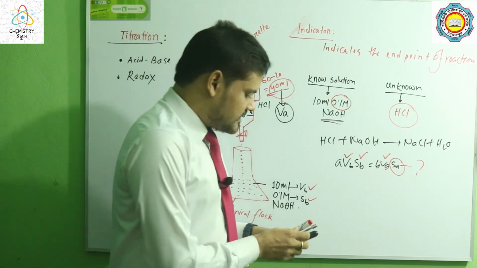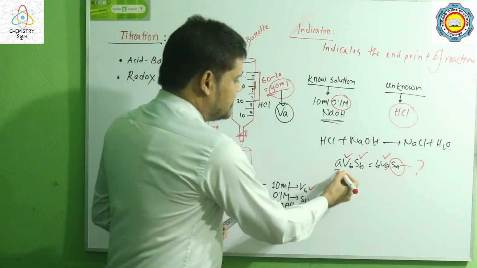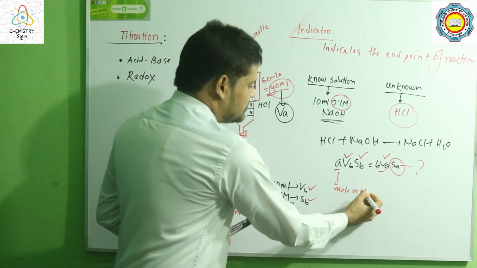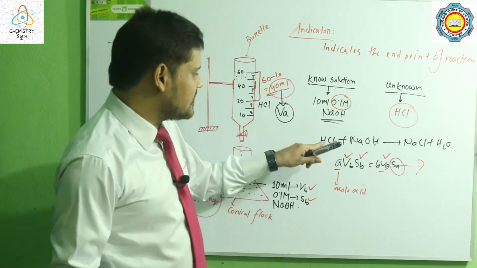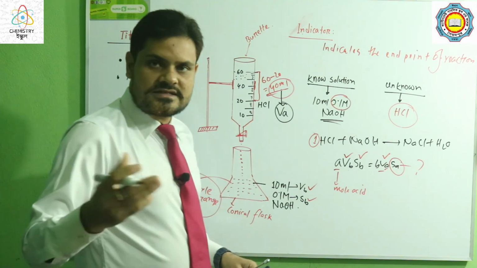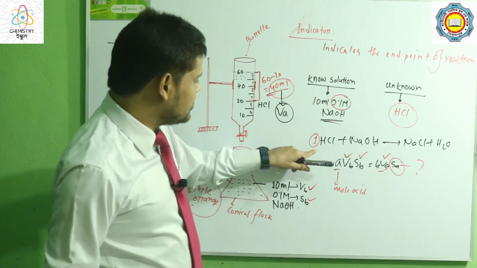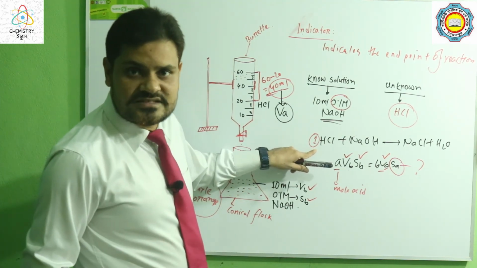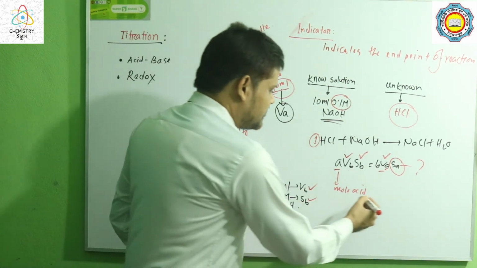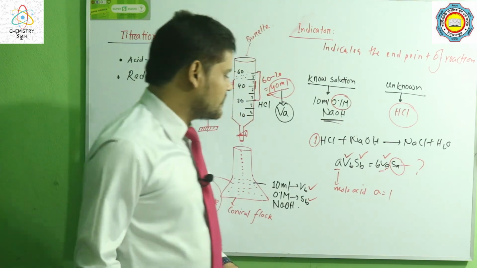And here there are two other terms, A and B. A is the mole of acid from the reaction. Here 1 mole of acid we can get from the reaction after balancing the equation. You should balance the equation first. Then 1 mole of acid, so A is 1.